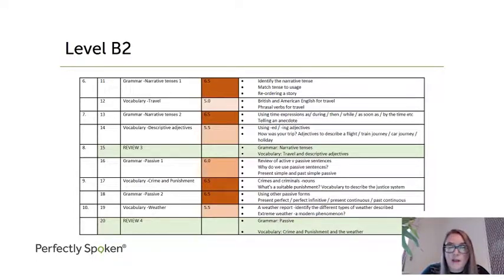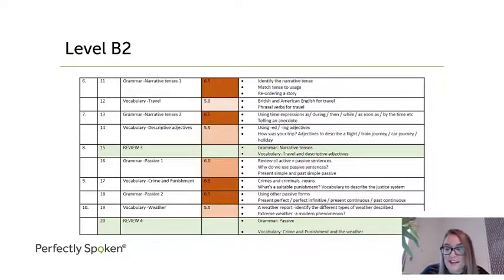In this last part here of the first 10 weeks, the grammar topic is going to be the passive. So again, we'll start with a review of active versus passive sentences, thinking about why we use the passive, and we'll have a look at how it's structured. We'll continue this with the passive too, and push ourselves to increase our capacity to use different types of passive, present perfect, present continuous, for example.